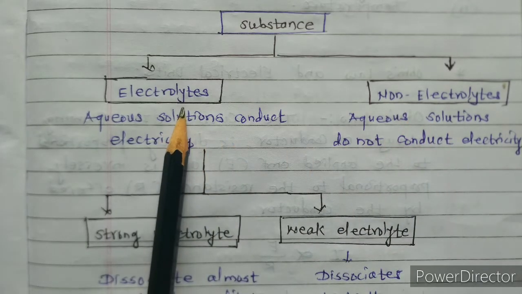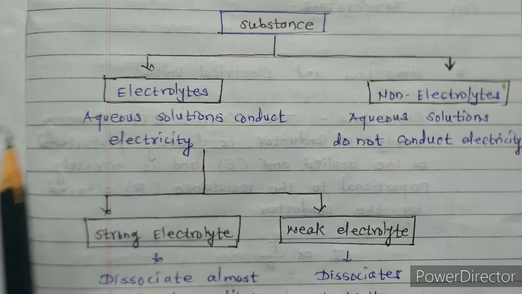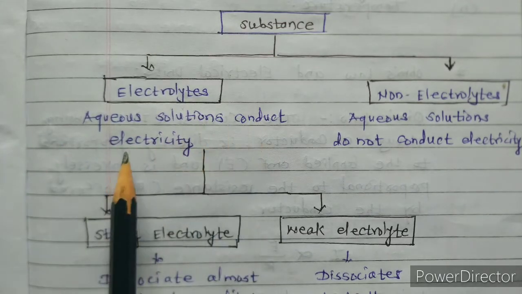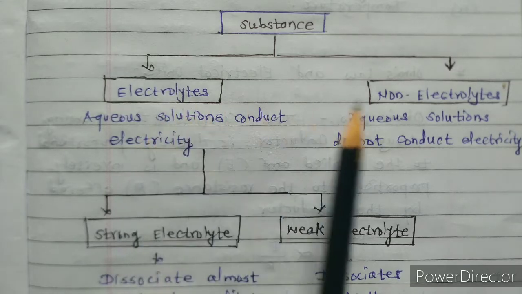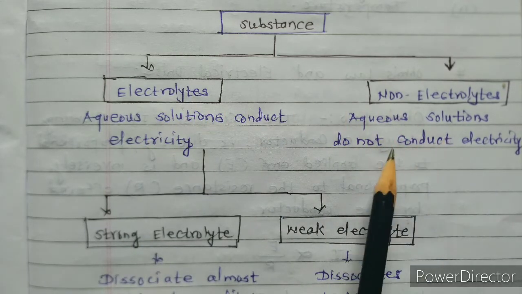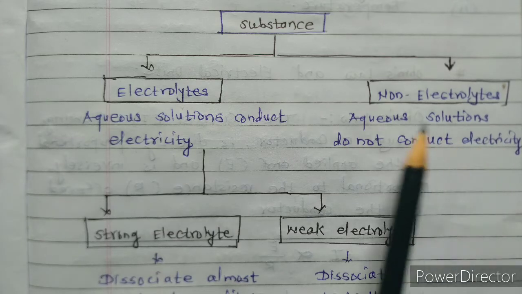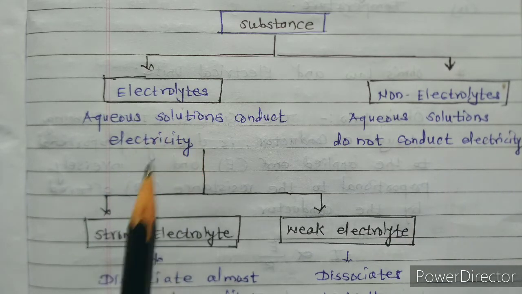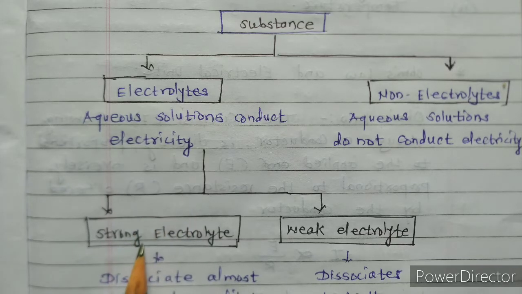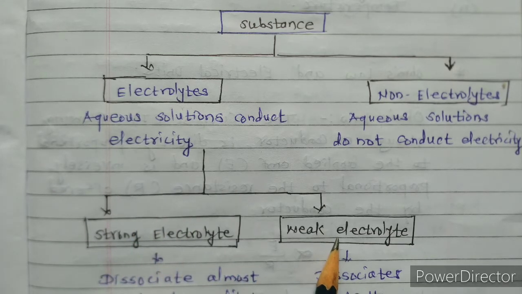Electrolytes are substances whose aqueous solutions conduct electricity, and non-electrolytes are those whose aqueous solutions do not conduct electricity. In electrolytes, there are again two subcategories, strong electrolyte and weak electrolyte.